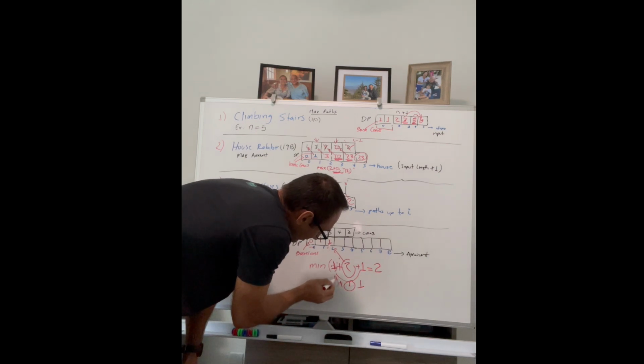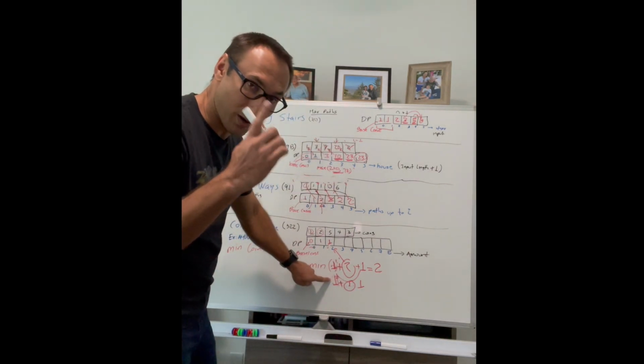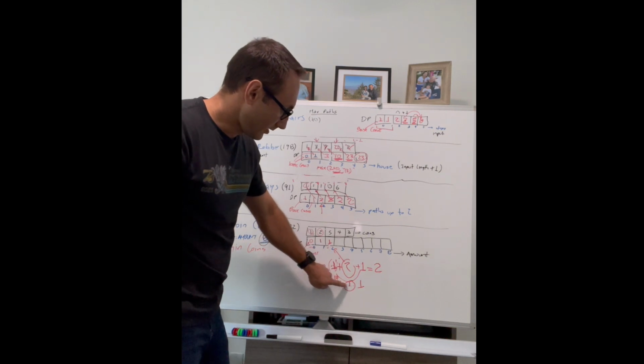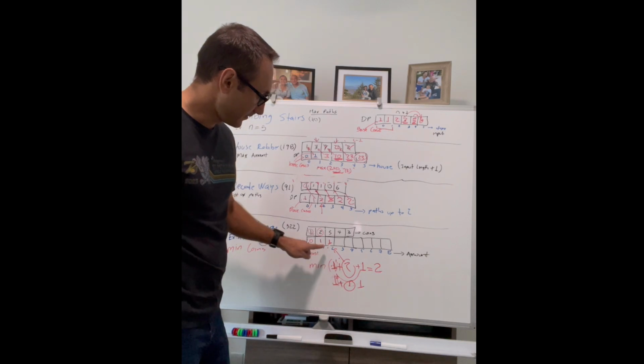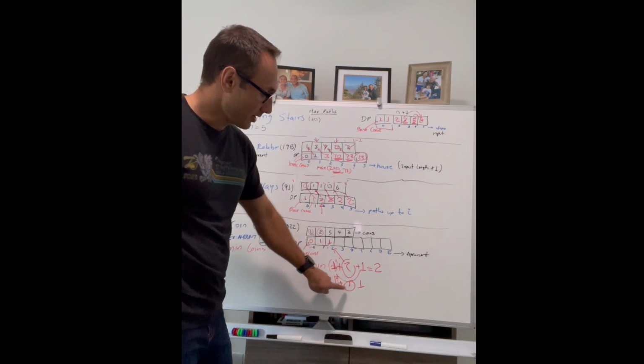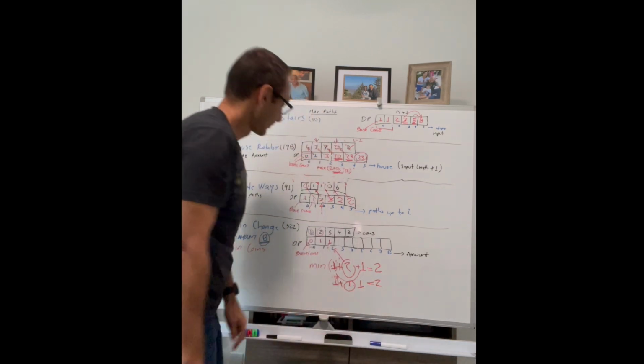And every time that I use a coin it is 1. This is the 1 coin and this is the 2 coin, but it's just using 1 coin. And the solution for 1 coin left is 1. So it's, again, 1 plus 1 is 2.